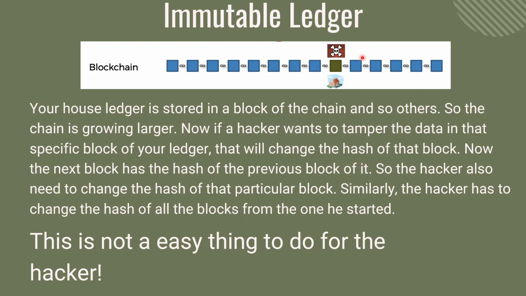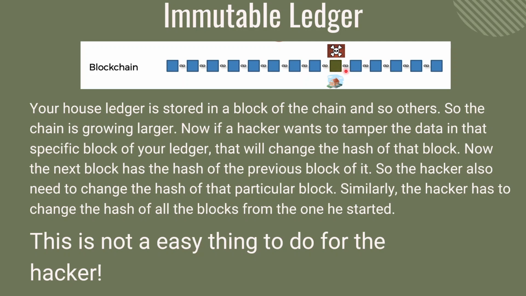So we have learned that if he has to tamper with this block, or rather the hash value of this block, sorry, not data, he has to change the hash value for the next block also. Why? Because the next block has the hash value of the previous block.